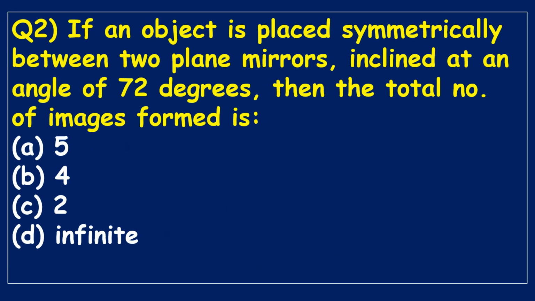Second question. If an object is placed symmetrically between two plane mirrors inclined at an angle of 72 degrees, then the total number of images formed is. See my dear children, here there are two plane mirrors. The object should be kept between these two mirrors symmetrically, and these two mirrors are arranged inclined at an angle of 72 degrees.